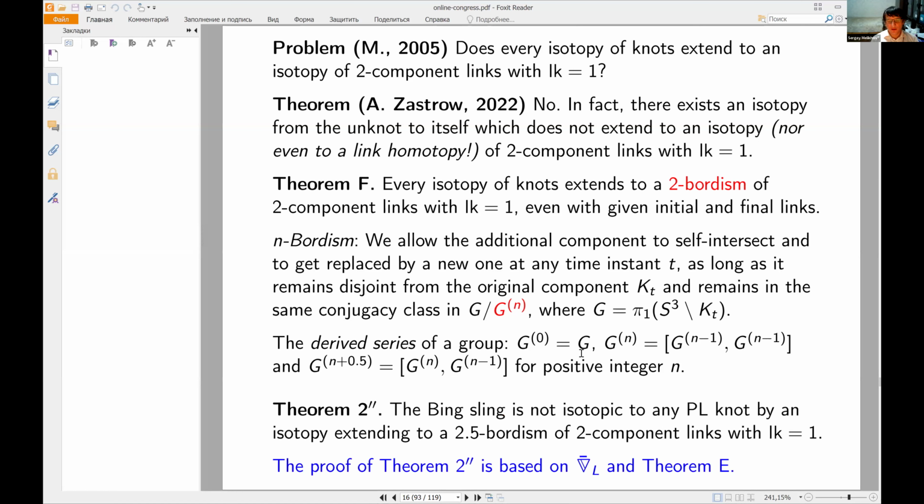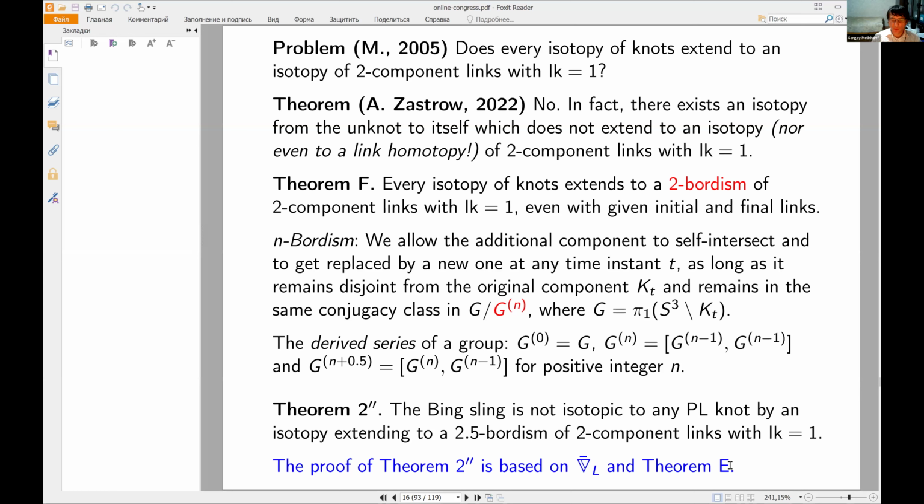And then another version of theorem 2 says that the Binks link is not isotopic to any PL knot by an isotopy extending to a 2.5-bordism of two-component links with linking number 1. If you are not happy with half-integer derived series, you can replace 2.5 by 3 or 4. Any integer greater than 2.5, it will still be a true theorem.